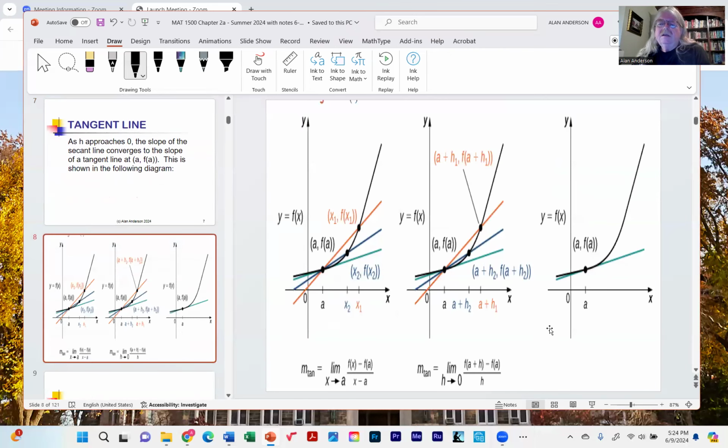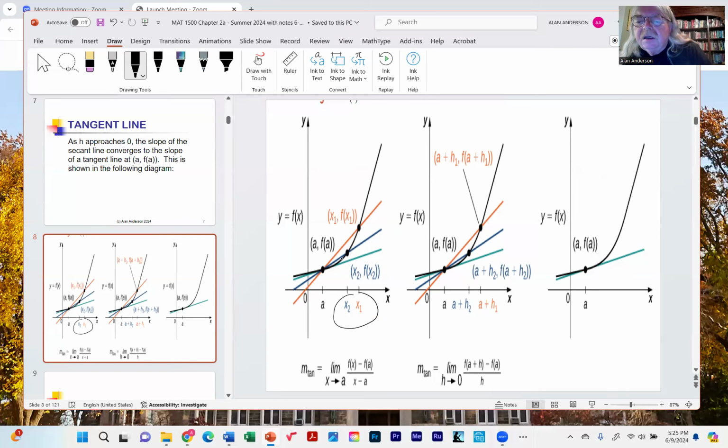So now there's a lot going on here. What I want to point out to you is that the function is listed in black. The orange is our initial tangent line. And what we're trying to do here is, if you notice, this is using the x's like we had before. This is using the h's.